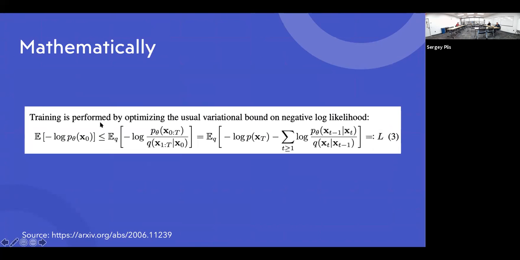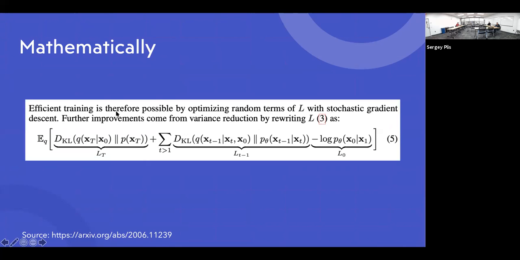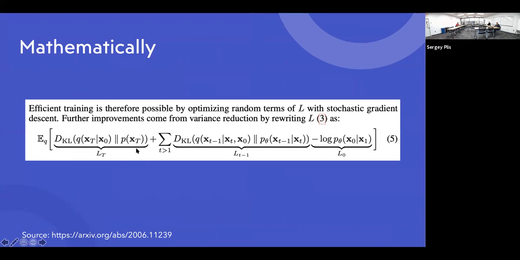If you parameterize beta t, then this will be important in the loss as well. But because in their paper they say they keep beta t constant and it's not learnable, you can drop this term from the equation. What this is really saying is that the forward process, when you finish t amount of steps, in this case 1,000, should be similar to the prior that we have, so zero mean, 1 standard deviation.